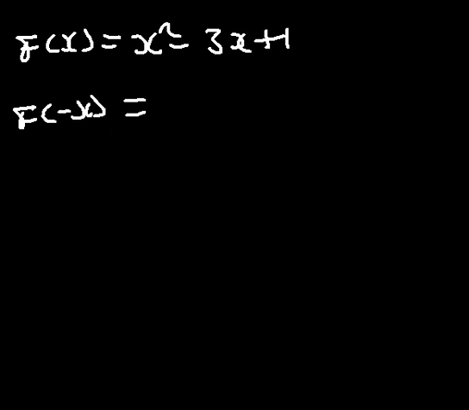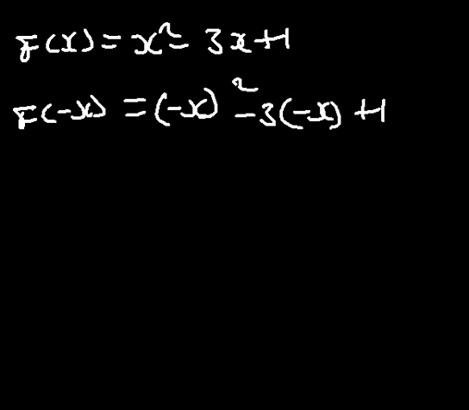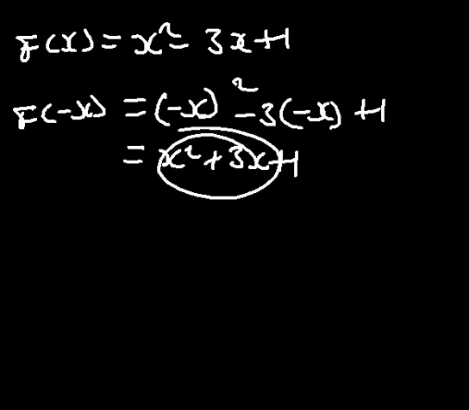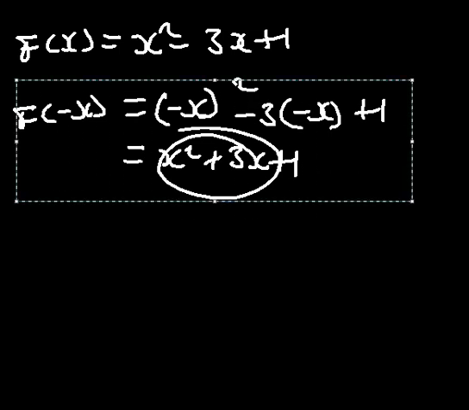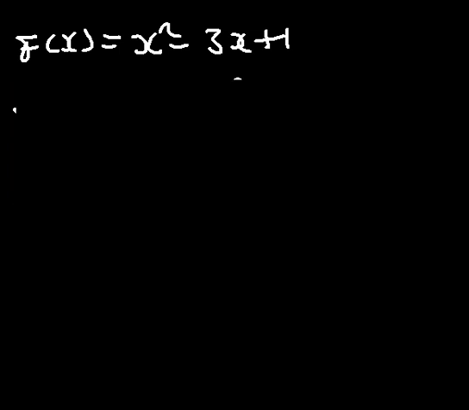So now we have negative x to the power 2 minus 3 times negative x plus 1. So now we have x squared plus 3x plus 1. So that's the way to go. That is the output, so when the input is negative x, the output is that one. So take note of that.